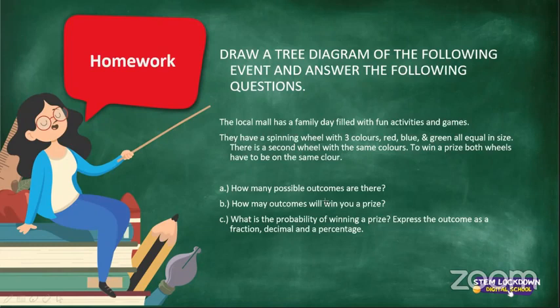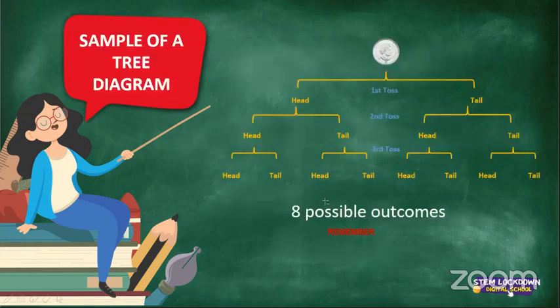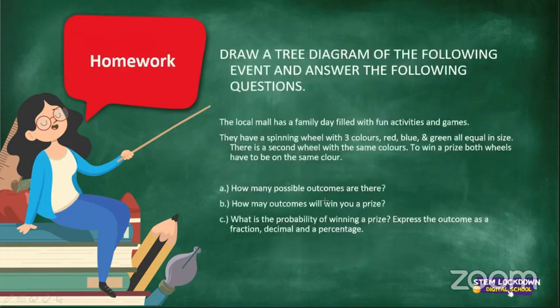The local mall has a family day filled with fun activities and games. They have a spinning wheel with 3 colors. Okay, so there you won't have 2 outcomes like head and tail. You'll have 3 outcomes, red, blue, and green, all equal in size. Now that is important.